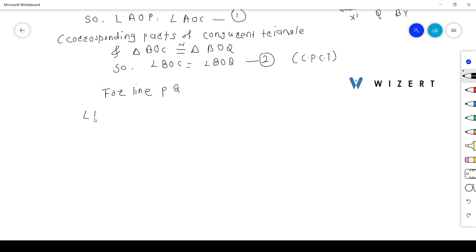So, the sum of these angles is 180 degrees. Angle AOP plus angle AOC plus angle BOC plus angle BOQ is 180 degrees. This is because of the linear pair.